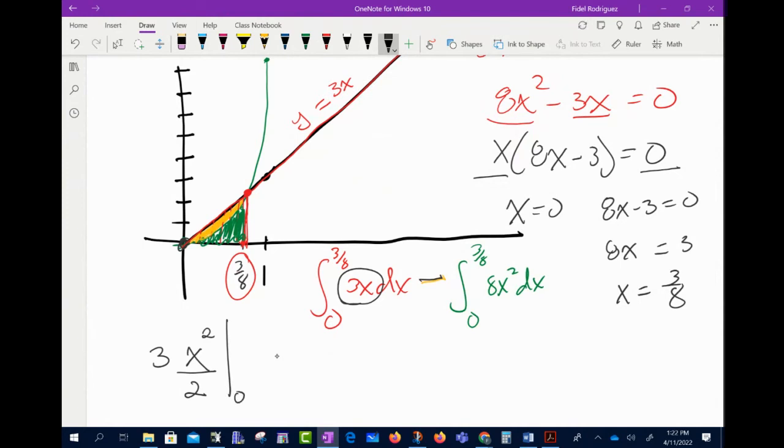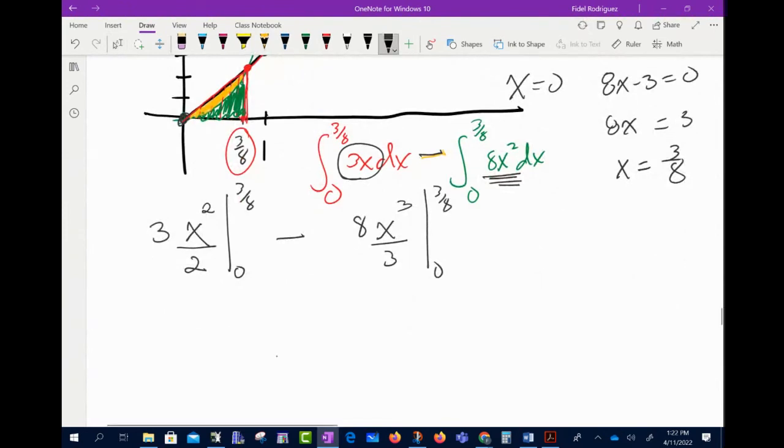I'm going to evaluate that from 0 to 3/8. Minus, let's come back over here. Anybody know what is the antiderivative of 8x squared? I'll give you a hint. It's going to have an 8, x to what power? To the third over 3, again, from 0 to 3/8, right?